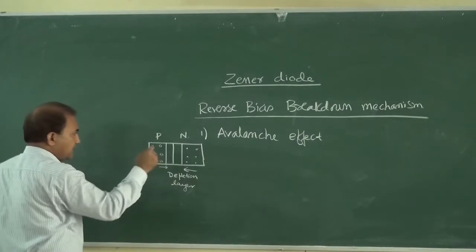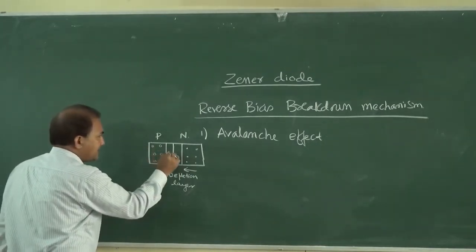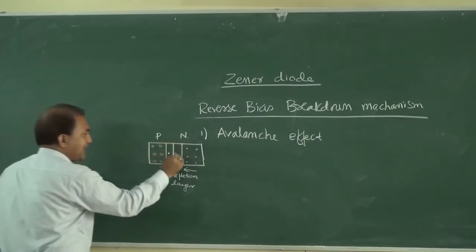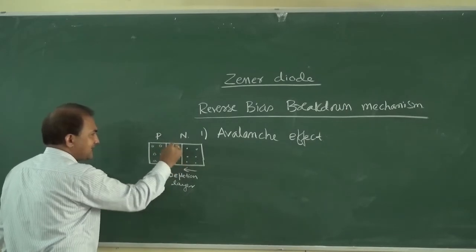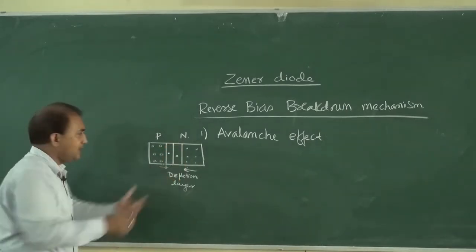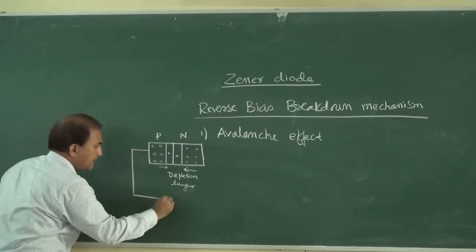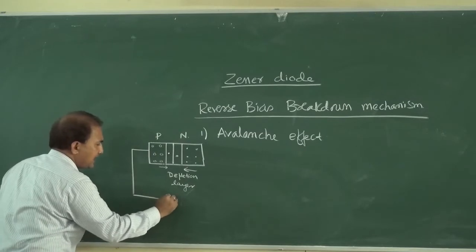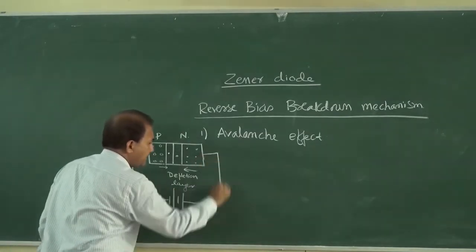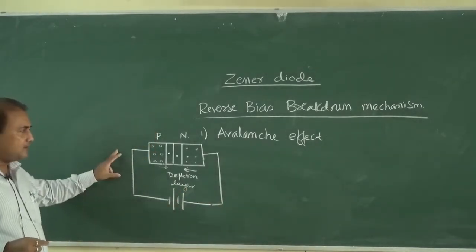Now suppose the P side is connected to the negative potential of the battery, so this is the reverse bias case.